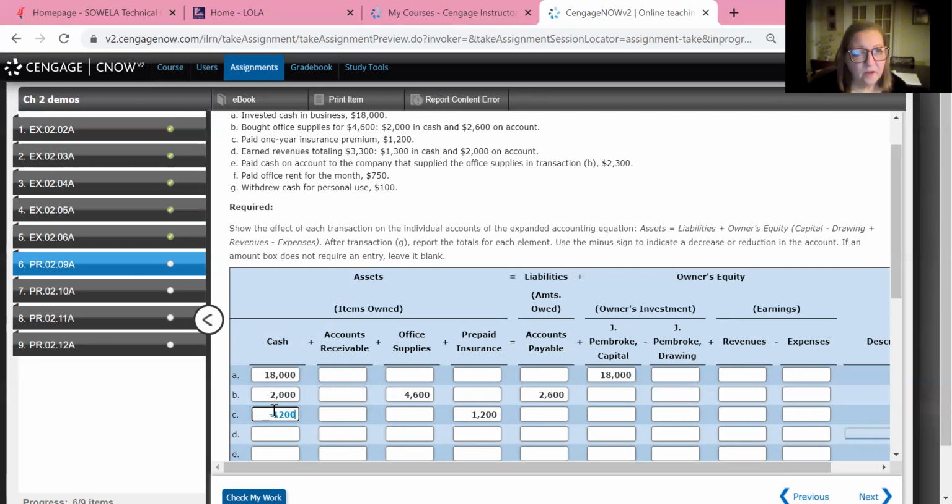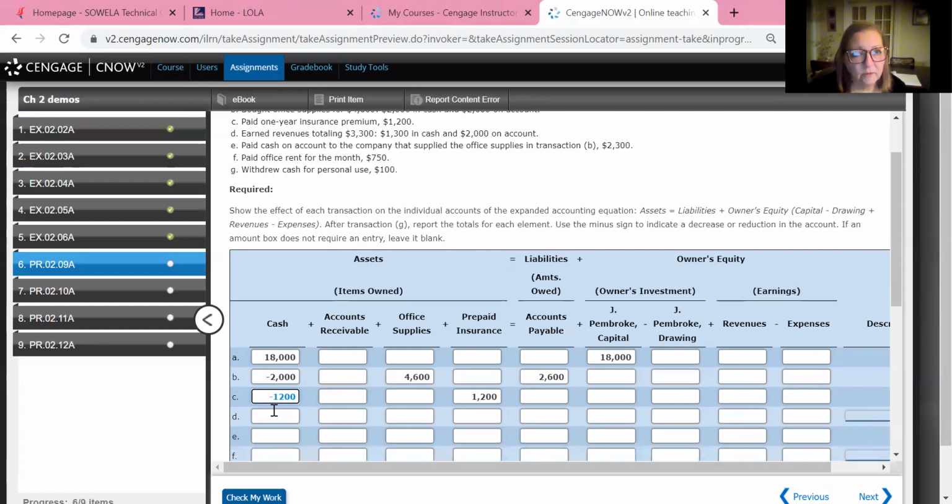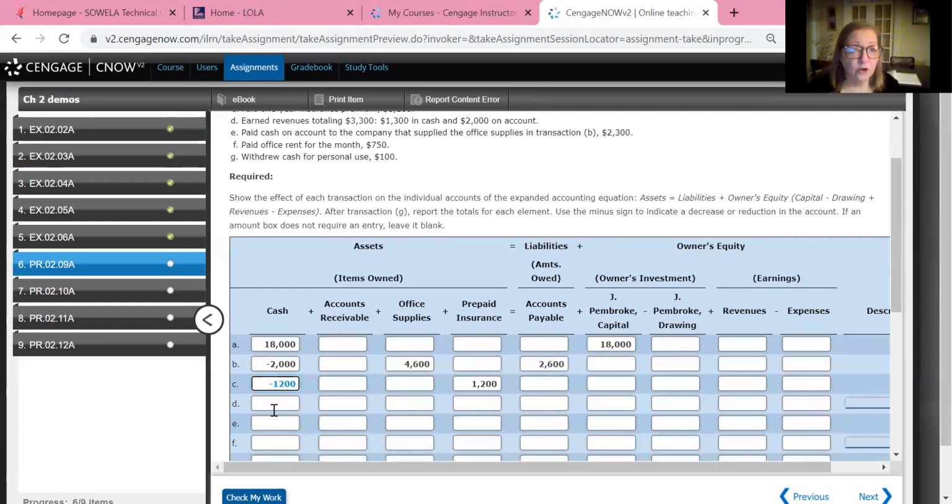Then the next one, bought office, no, let me go up so I can see. Earned revenues totaling $3,300. They paid us $1,300 in cash and they promised to pay us the other $2,000. So we have an increase in cash of $1,300. We have an increase in accounts receivable of $2,000. That's where we track the amount the customers owe us, accounts receivable.